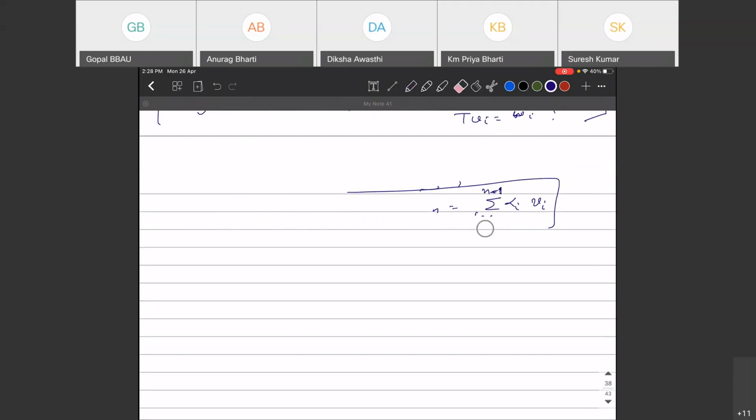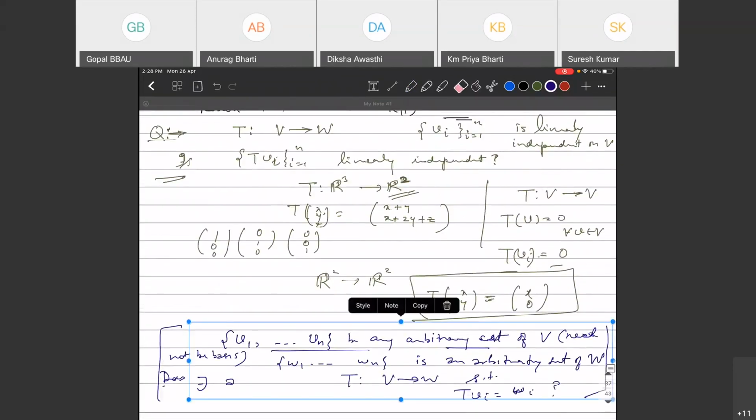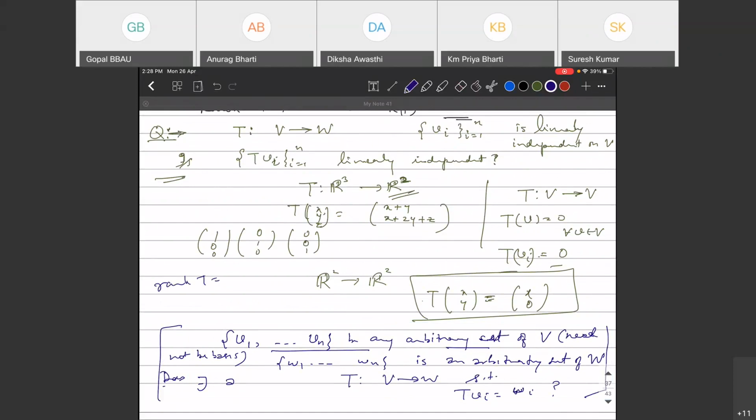नेक्स्ट थिंग इज समथिंग वी फर्स्ट नोटिस फ्रॉम अबव एग्जाम्पल। जो अभी हमने एग्जाम्पल देखा उसमें नोट करो। सो फाइनली आपके पास रैंक ऑफ T क्या था, 2, and nullity of T was 0.